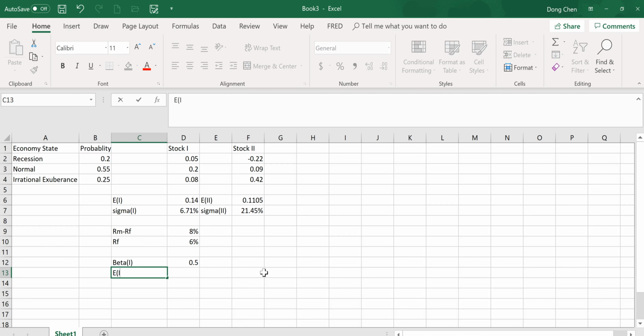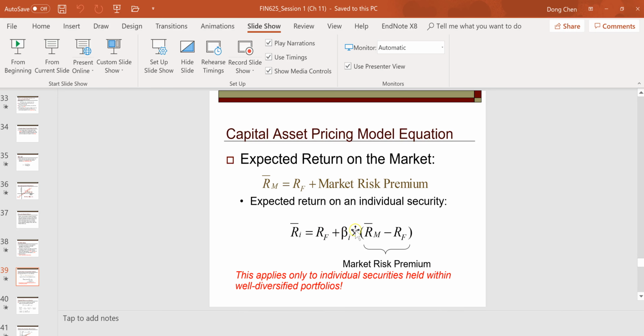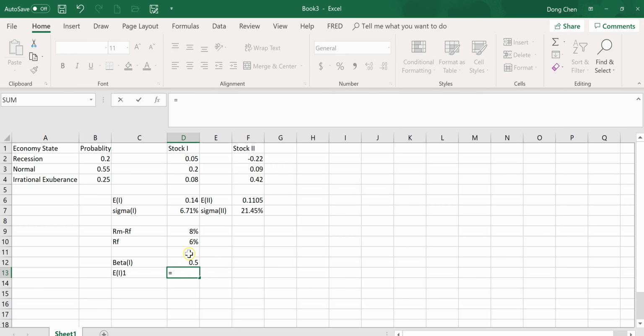I call that E11. E11 will be, based on the CAPM model here, RF plus beta times the market risk premium. So this is 10%, and 10% is not equal to 14% here, because 14% is the actual number for the expected return.